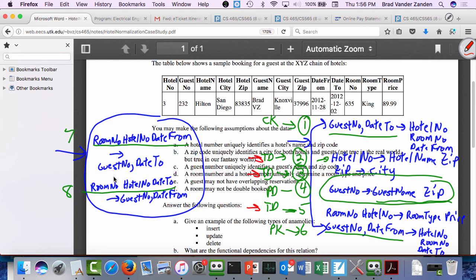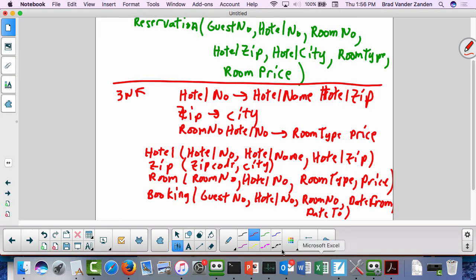All of them involve the same 5 attributes, and voila, booking has those 5 attributes in them. So the booking still is maintaining those 3 dependencies that I had. So all of my functional dependencies are still being preserved in my final normal form.